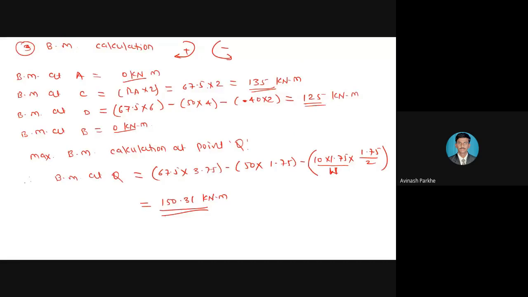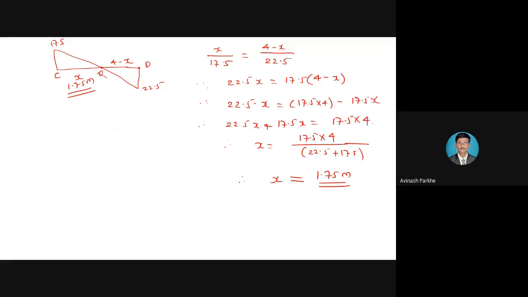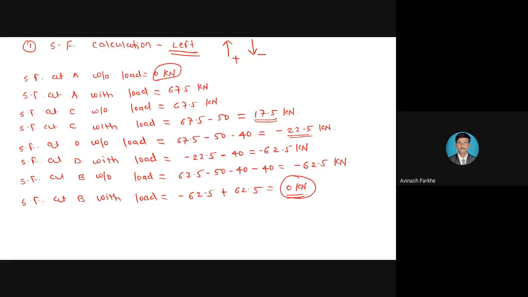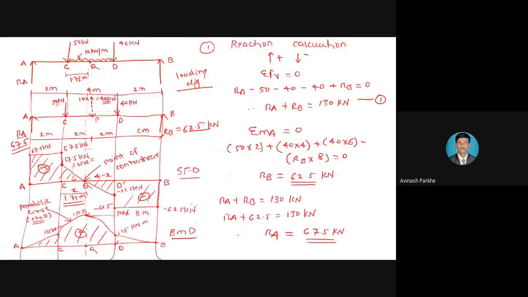And then I have gone for the calculation of bending moment for the original points A, B, C, and D. And for the maximum bending moment calculation, again I have considered three forces: reaction RA, the 50 kilonewton force, and to the left side of point Q, one small UDL. The length of that small UDL is 1.75 meter.